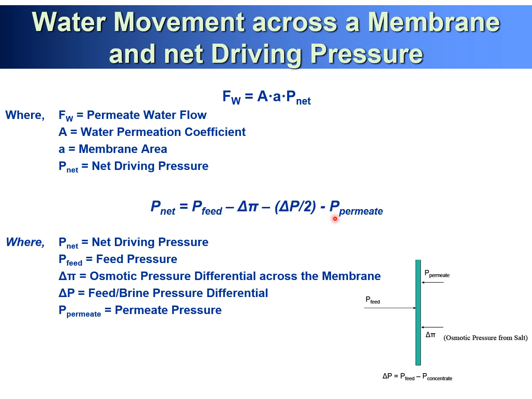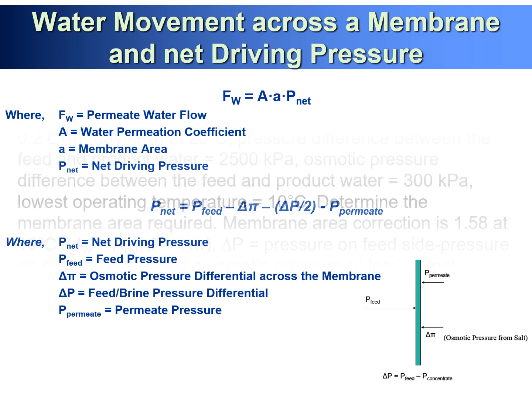So based on this net pressure, we can easily calculate how much water can be produced and how much flow can be obtained to design your system.